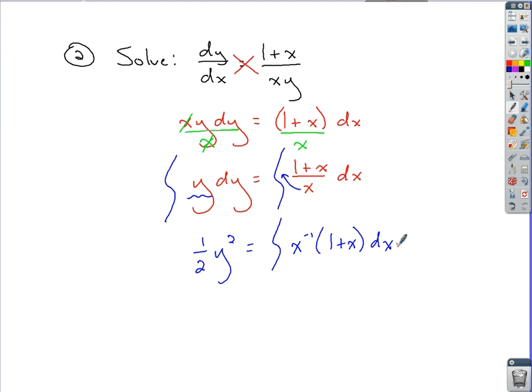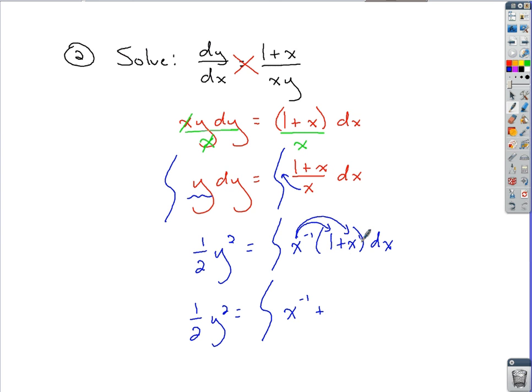Now you've got a product, still can't take the antiderivative of a product. Sometimes you got to use substitution again, but here we could distribute, which would be nice. That means we could avoid all that substitution. And when you distribute, still haven't taken the antiderivative, you've got x to the negative first plus, now let's see, it's x to the negative first times x to the first, right?